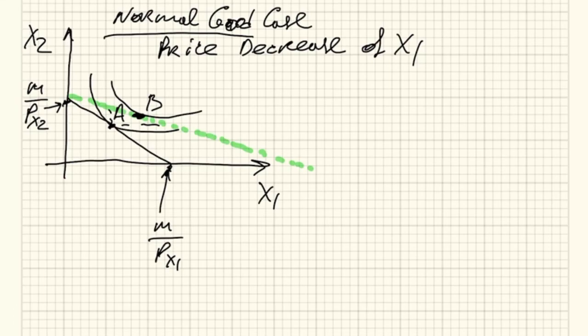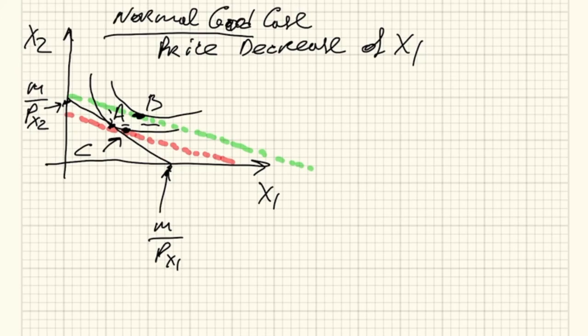And by doing so, you are essentially looking at the perception of the price change for this consumer given the price decrease. So you're bringing this consumer back to the original indifference curve, by pushing the budget constraint to the red line.